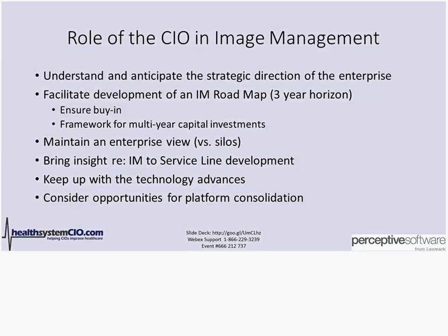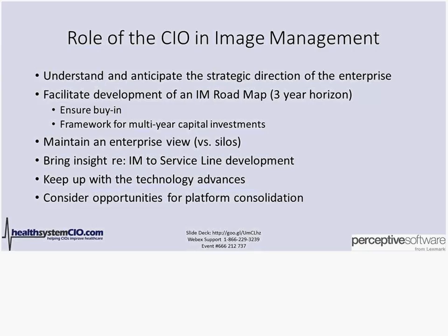So I'm personally new to the role of the CIO, as I described earlier in my introduction, but here's what we're focused on in terms of where I'm trying to contribute. First of all, in understanding and anticipating the strategic direction of the enterprise. So what we try to do at Cadence is understand the business and where it's going, and try to bring insight to the business from what we learn from other organizations, and insight that we deduce from thinking about current process in new ways.